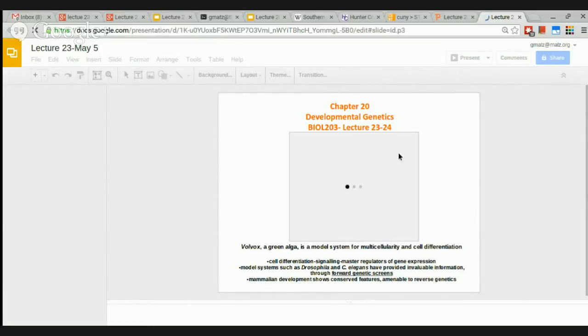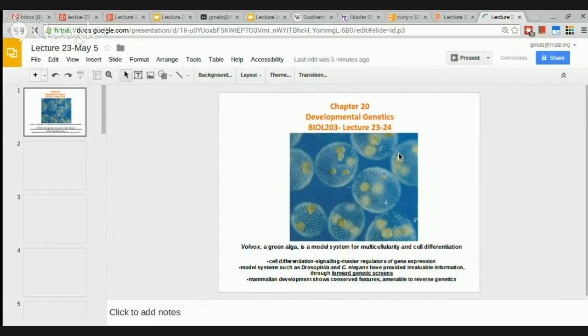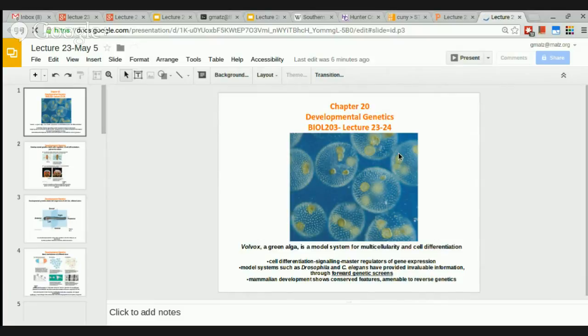So flies and worms were used initially to isolate mutants, and remarkably, the genes and the concepts that were delineated and described in the fly and worm systems, among others, not exclusively those systems, but they're very important, proved to be conserved and therefore applicable to mammalian vertebrate, first of all, and mammalian developmental genetics.